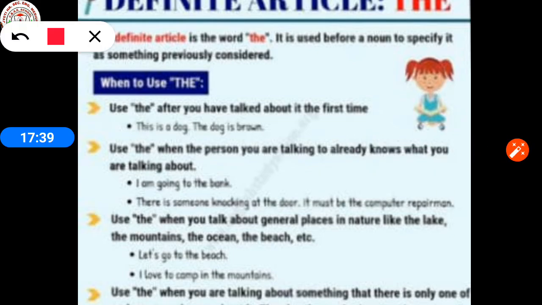For example, this is a dog. The dog is brown. So here we can use the after we have talked about it the first time.